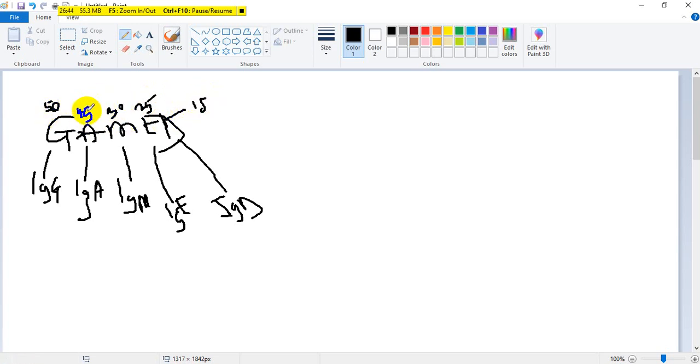So it's in decreasing order of concentration. The highest concentration of immunoglobulin is immunoglobulin G, followed by A, followed by M, followed by E, and followed by D.